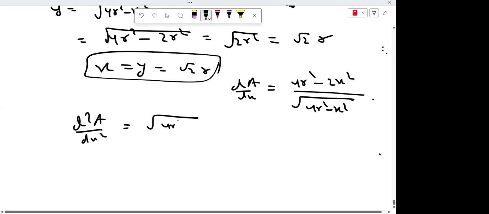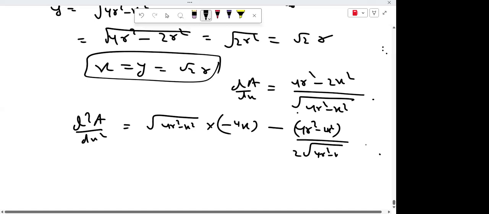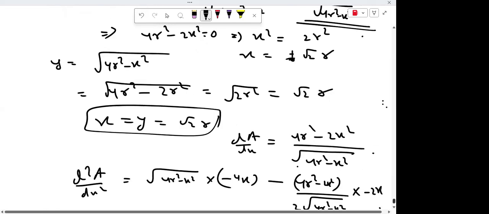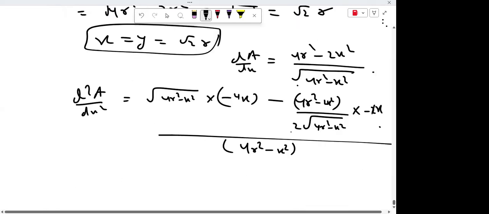So root 4r square minus x square times this is minus 4x, okay, minus 4r square minus 2x square times differentiation of this denominator upon 2 root 4r square minus x square times minus 2x, whole divided by square of this thing, 4r square minus x square. Okay, so this 2 and 2 is gone, negative becomes positive.